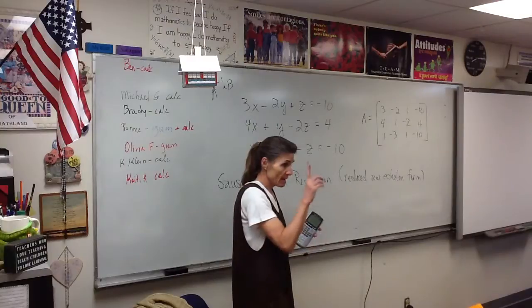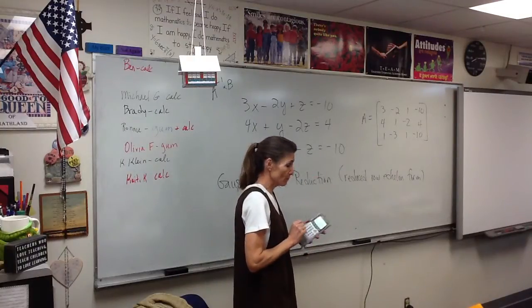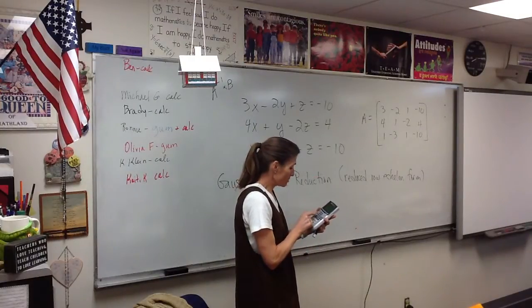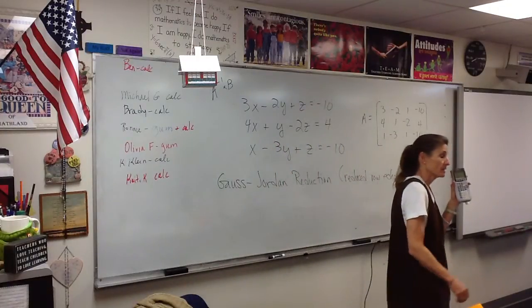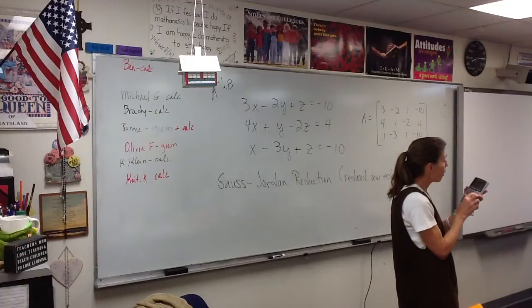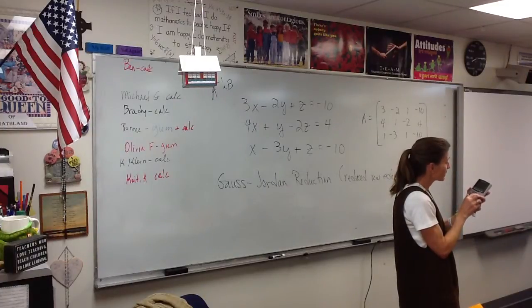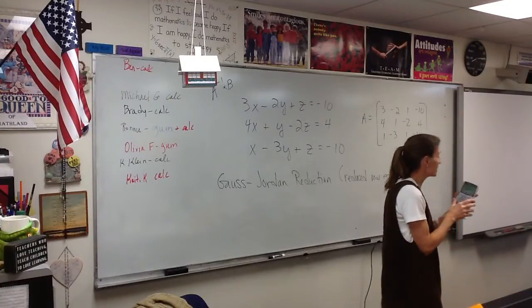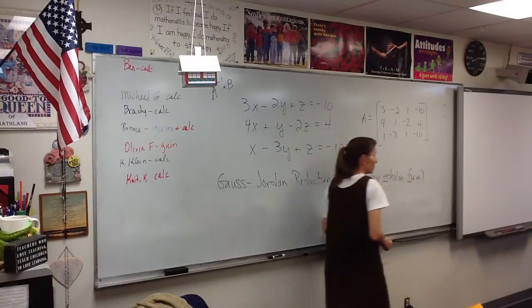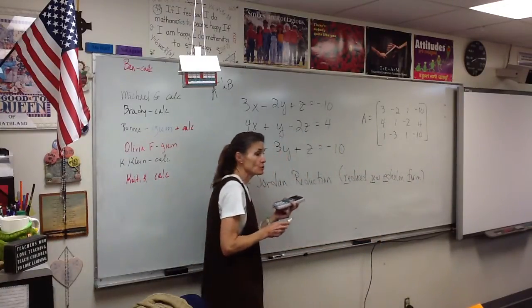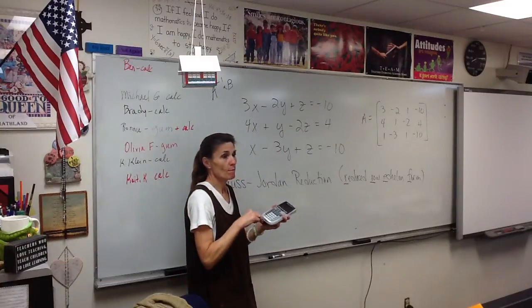Okay? Now, here's what we're going to do. We're going to go back into our matrix menu. We're going to go over to math. And we're going to click all the way down until we find RREF. Reduced row echelon form, RREF.